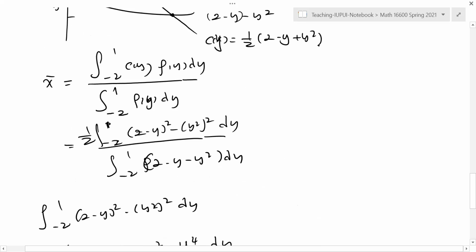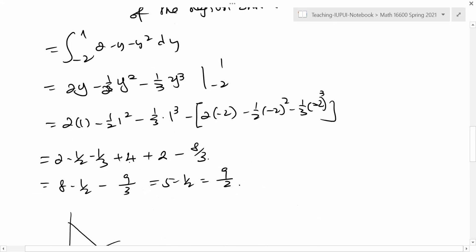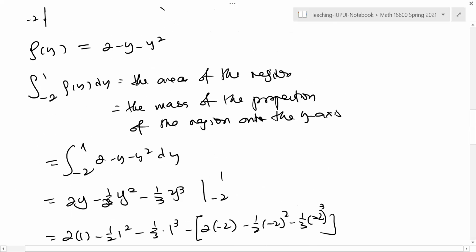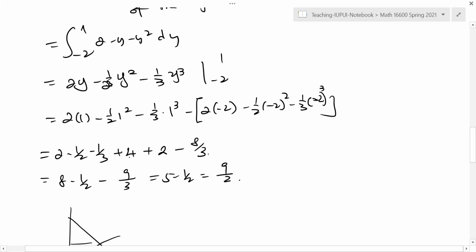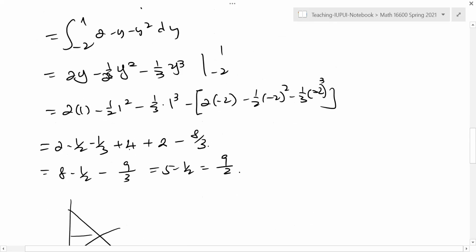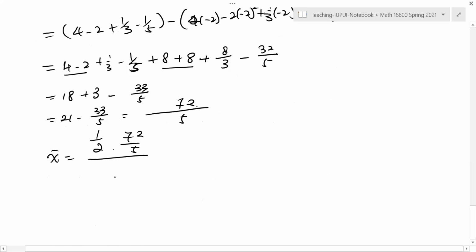We already get it. It's 9/2. No, not 9/2. What do we got here? We haven't got... yeah, we just evaluated this. No, we actually haven't gotten to the y bar yet. We just evaluated this total area. Okay, it's 9/2. Okay, we can simplify it. 72 times 2, and here's 9/5.